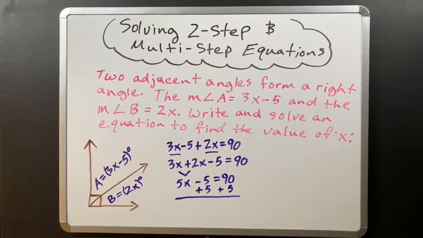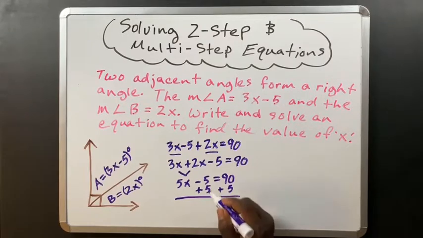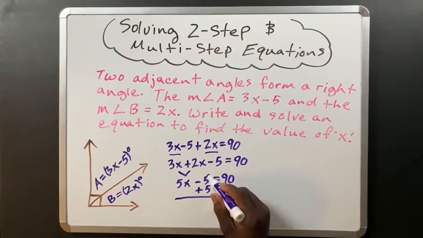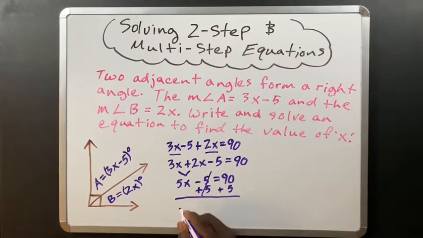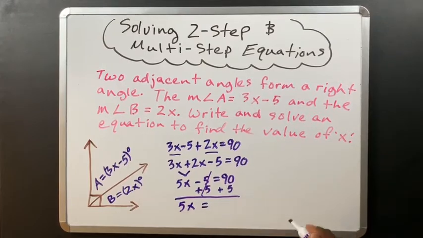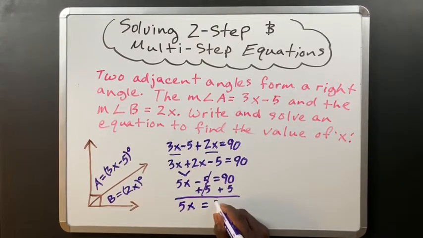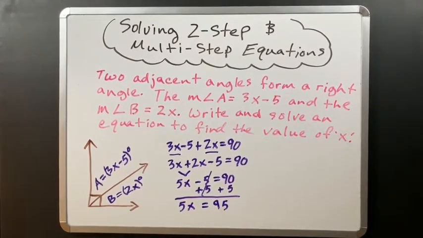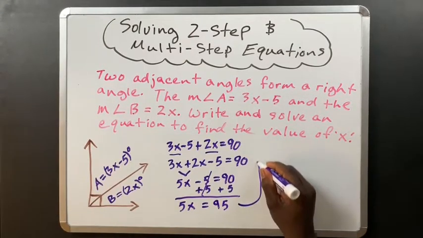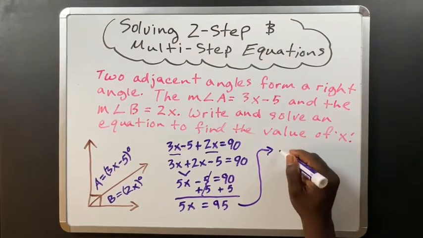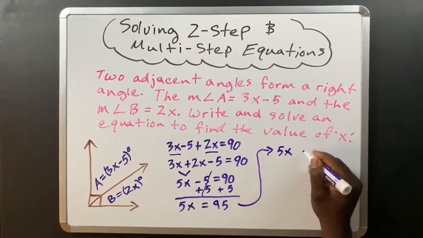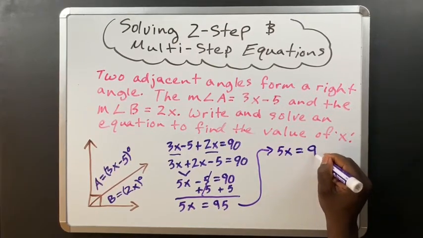This is called the addition property of equality. -5 plus 5 is 0, so we cross that out. Bring down the 5 times x equals 90 plus 5 is 95. Very good. So I'm going to bring this over here, rewrite that 5 times x equals 95.